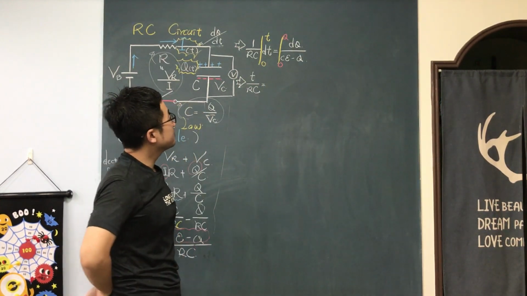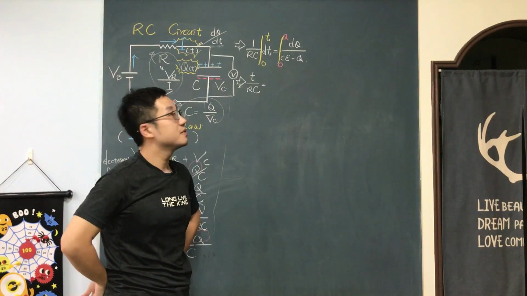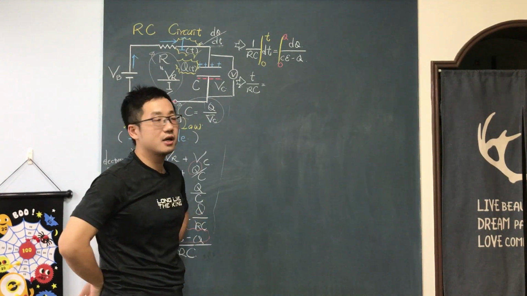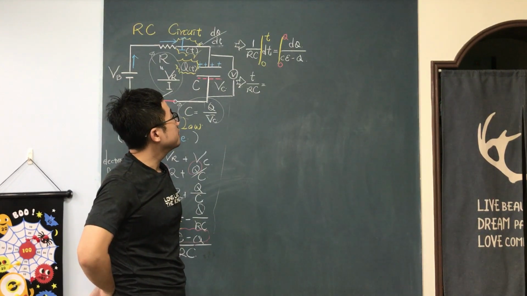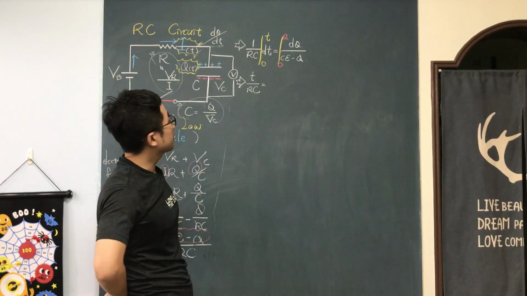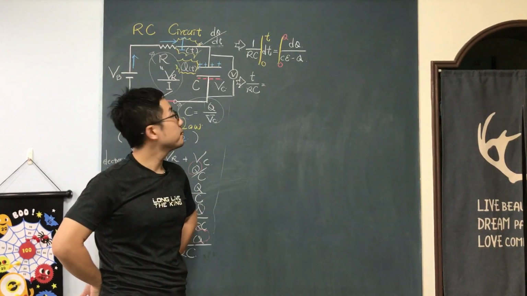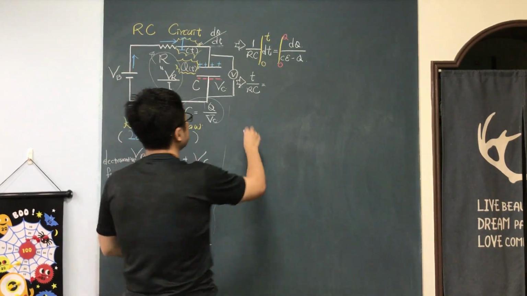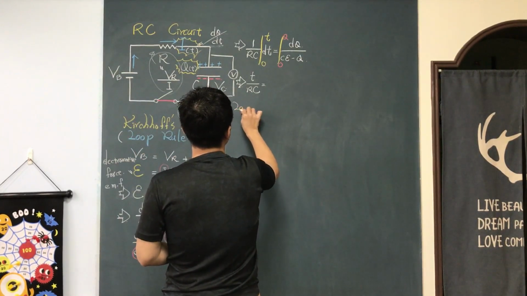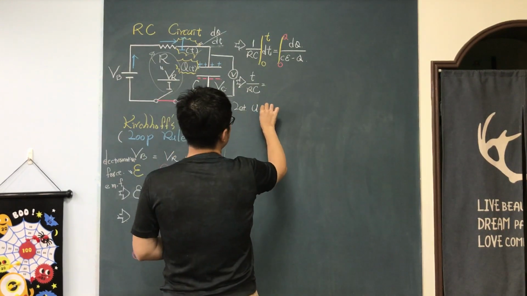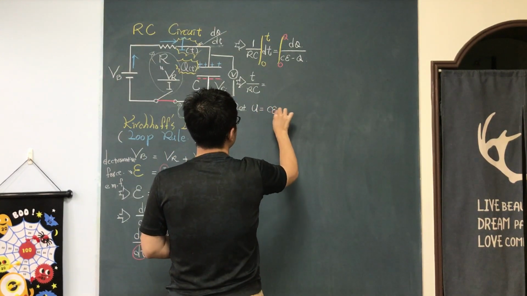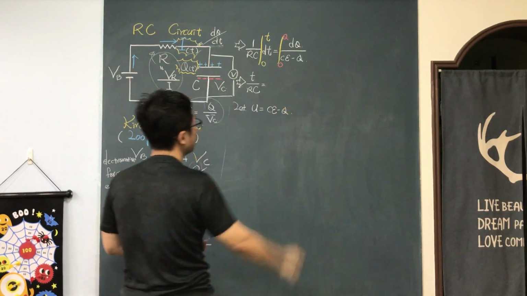Okay, this might be a little bit complicated, but don't worry. I just use a famous technique I call U-Substitution. I can let u equal CE minus q.